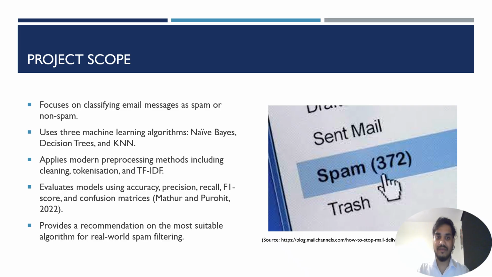Performance will be assessed through accuracy, precision, recall, F1 score and confusion matrices. The project does not cover deep learning or real-time deployment, but aims to identify the most effective model for practical spam filtering applications.